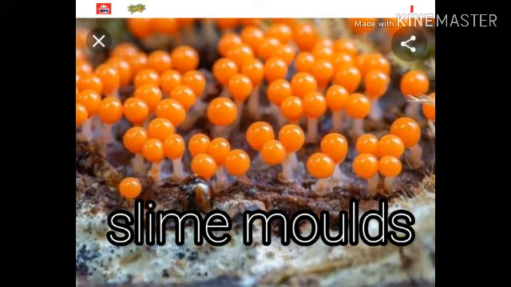However, when food is in short supply, many of these single-celled organisms congregate and start moving as a single body. They form a shape and become sensitive to airborne chemicals and can detect sources, such as food sources.